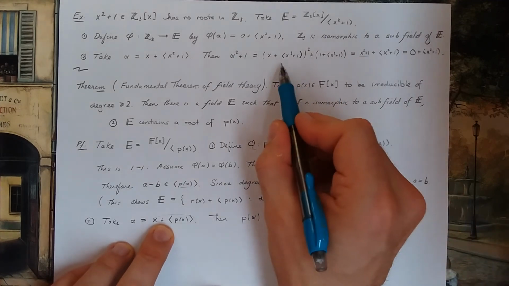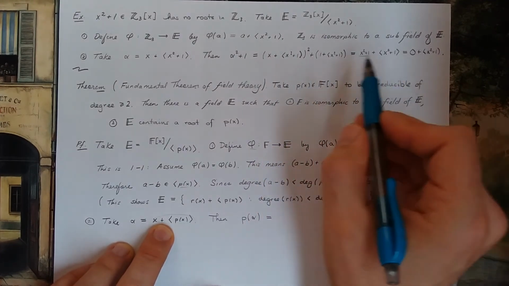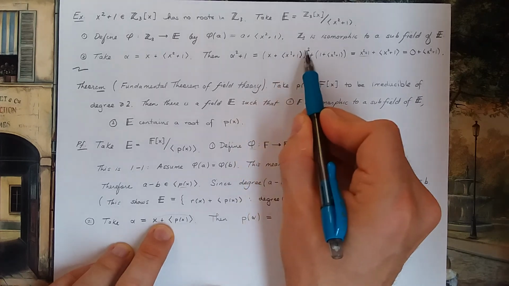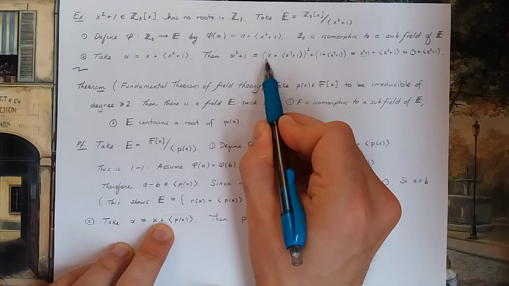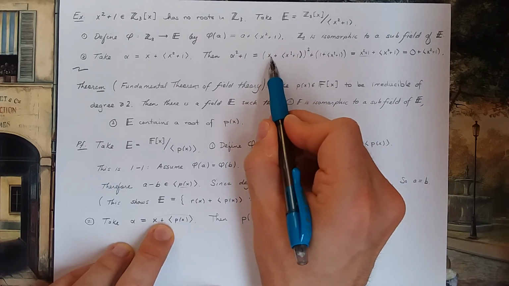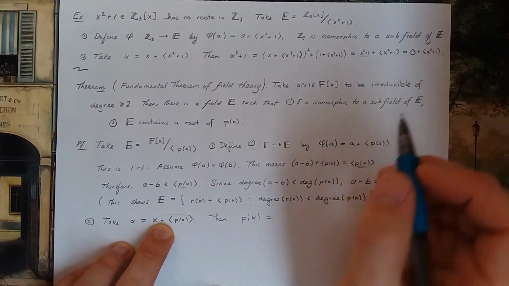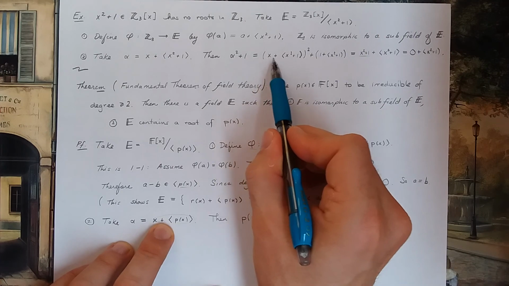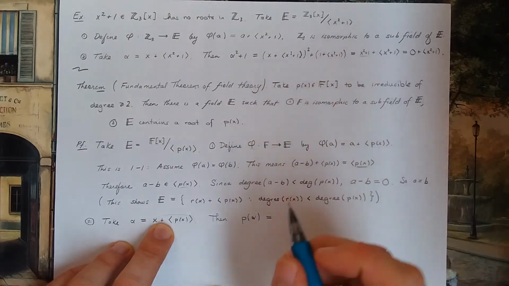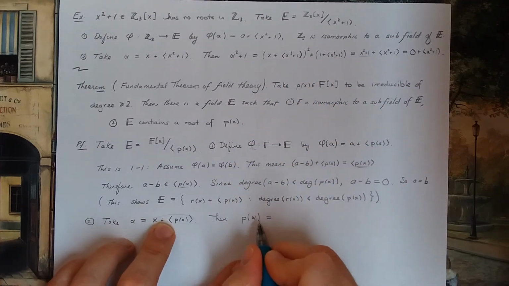Now, in the same way that we saw up here, the way that you multiply two cosets together is by multiplying their representatives. The way you add two cosets together is by adding their representatives. So if you do any polynomial involving cosets, then the result will be just this.